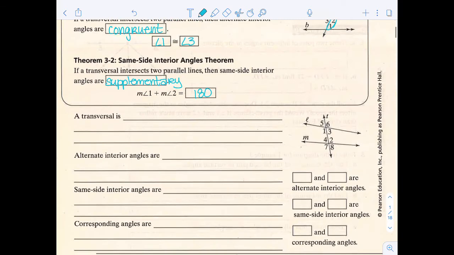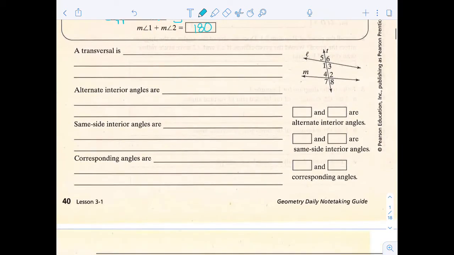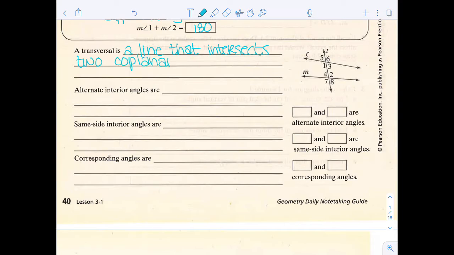All right, let's check out some of our vocabulary. A transversal is a line that intersects two coplanar lines at two distinct points.